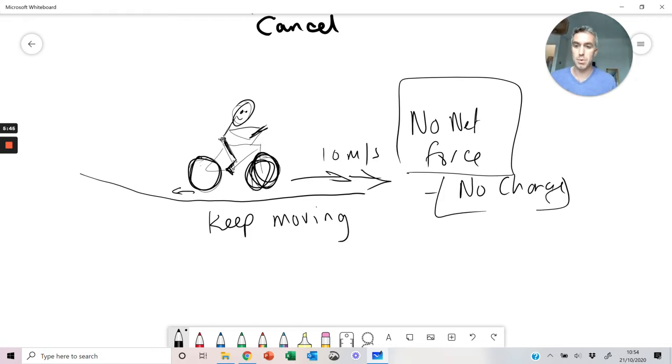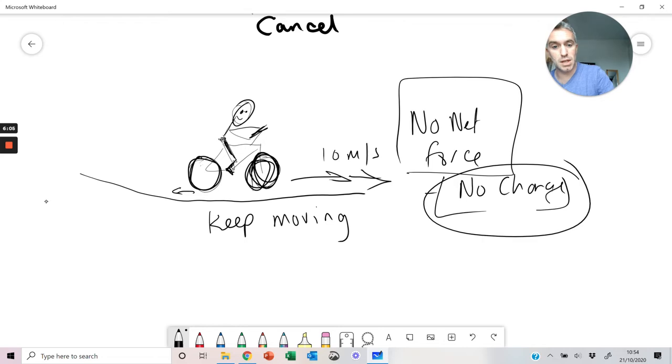That's the important thing. Newton's first law says if there's no net force, there is no change. So if a person's moving and there's no net force, they'll keep moving. If he's cycling along and there's no net force, he'll keep moving along. No net force means no change. Those two things are very important.